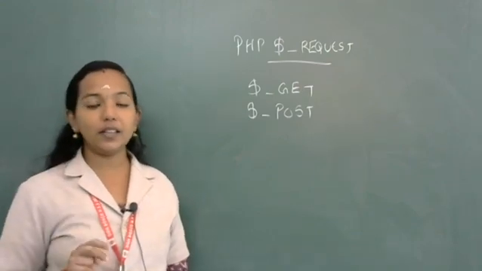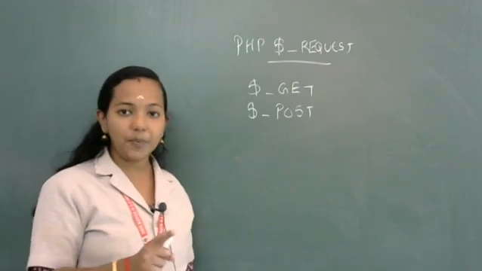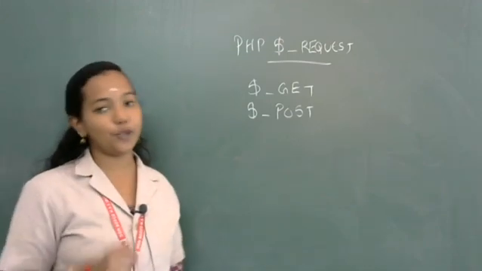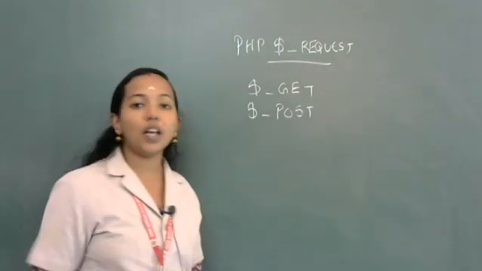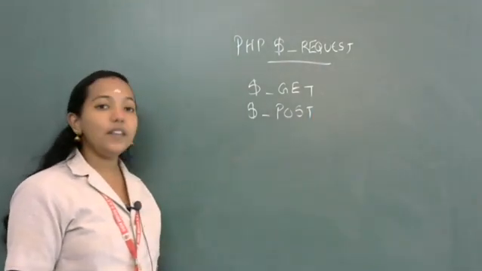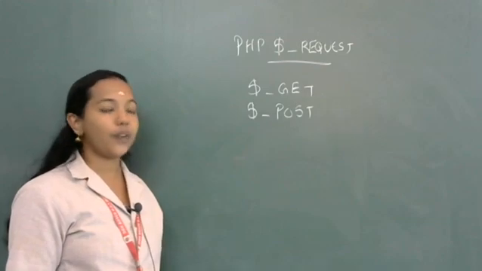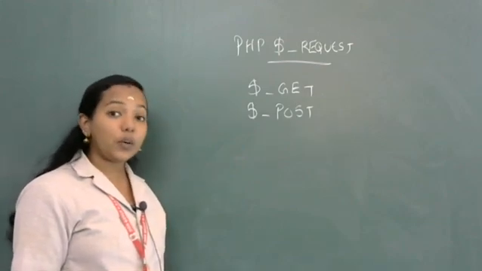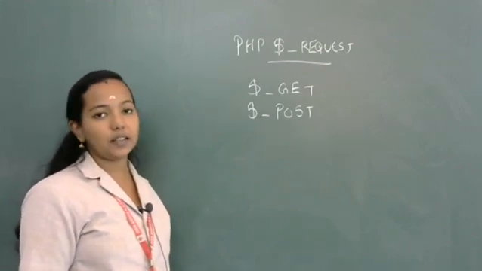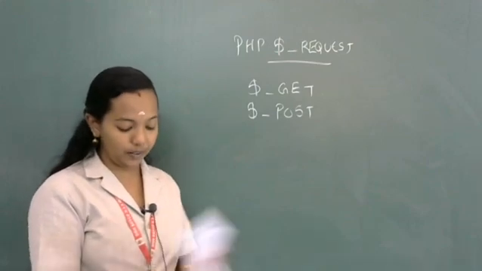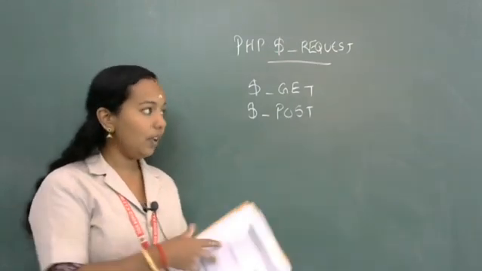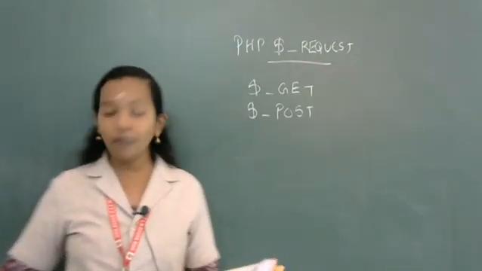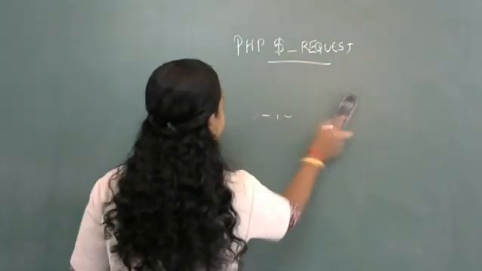So two methods we are using, the $_GET method and the $_POST method. We will discuss how we can write $_REQUEST using the GET method and the POST method. Here I will give one example that indicates the working of $_REQUEST.